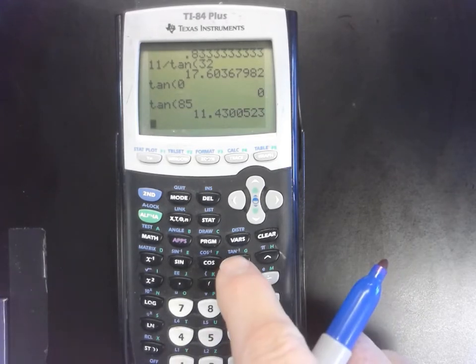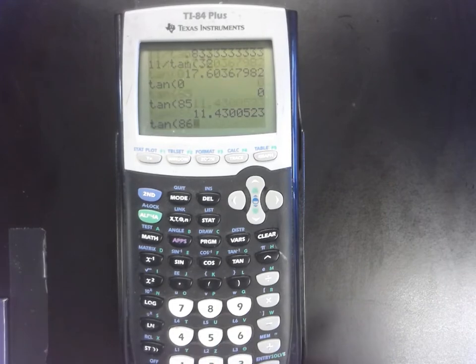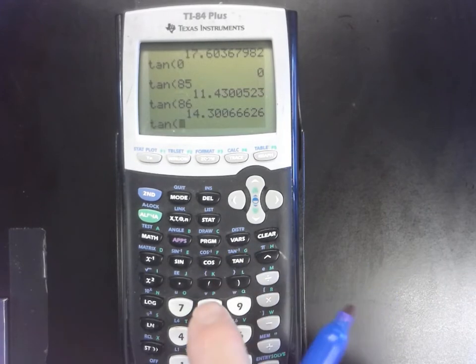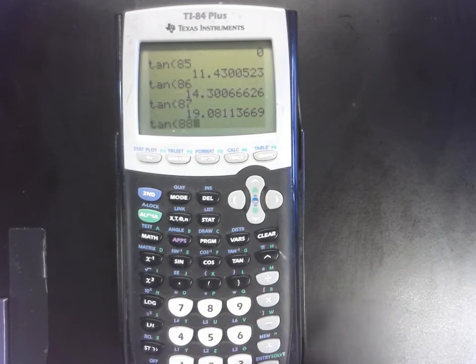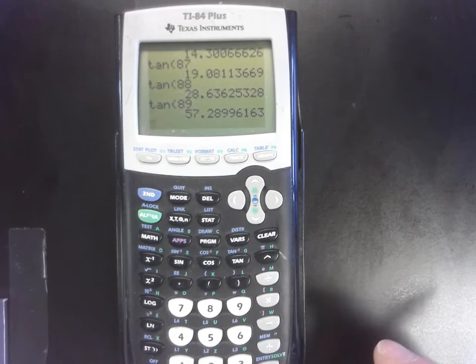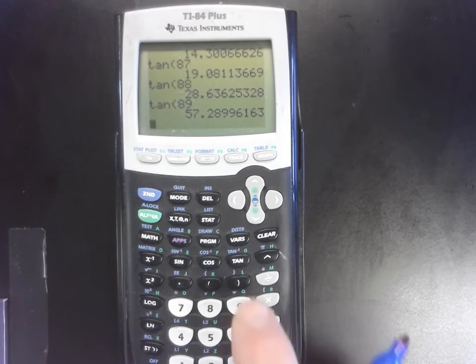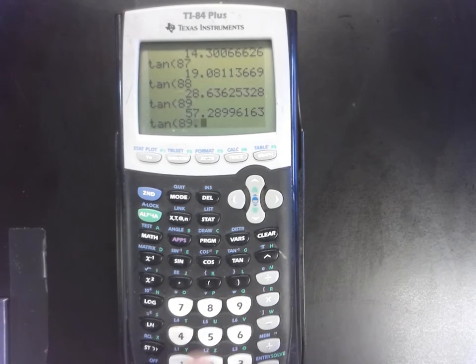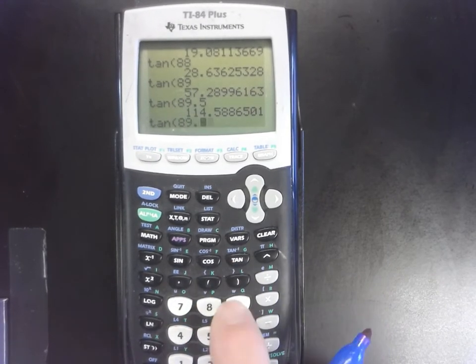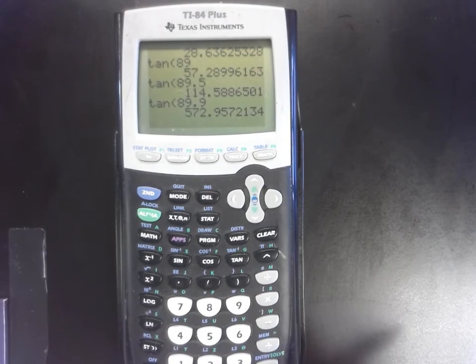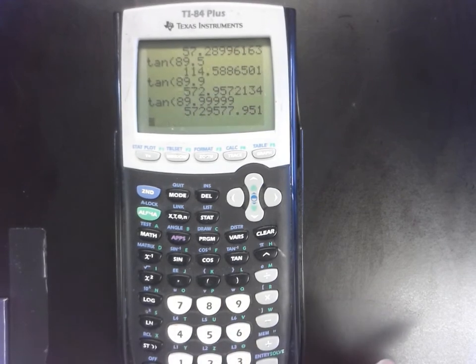The tangent of 86, the tangent of 87 degrees, the tangent of 88 degrees, the tangent of 89 degrees. It's getting big, isn't it? Okay? And then the tangent of 89.5, the tangent of 89.9, 572, the tangent of 89.99999, 5,729,500.